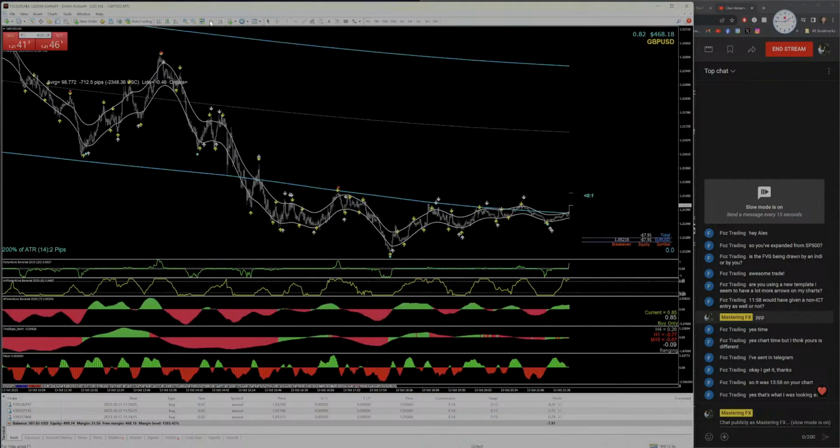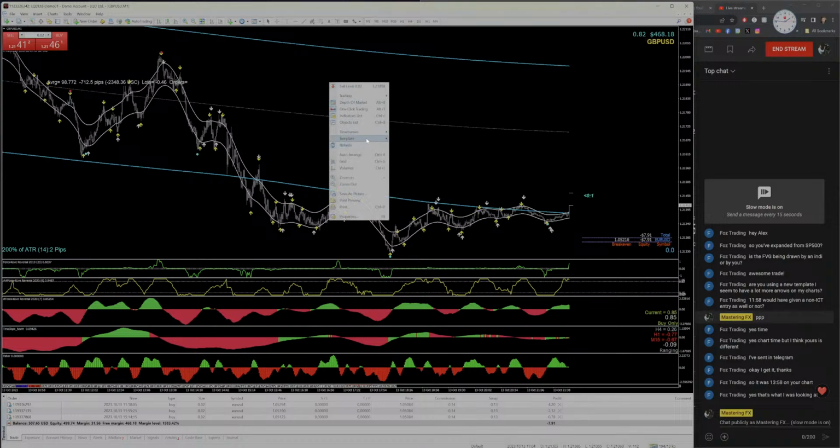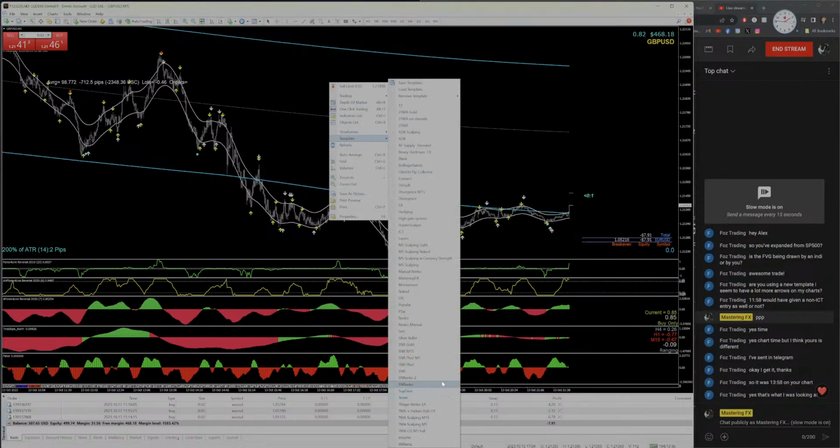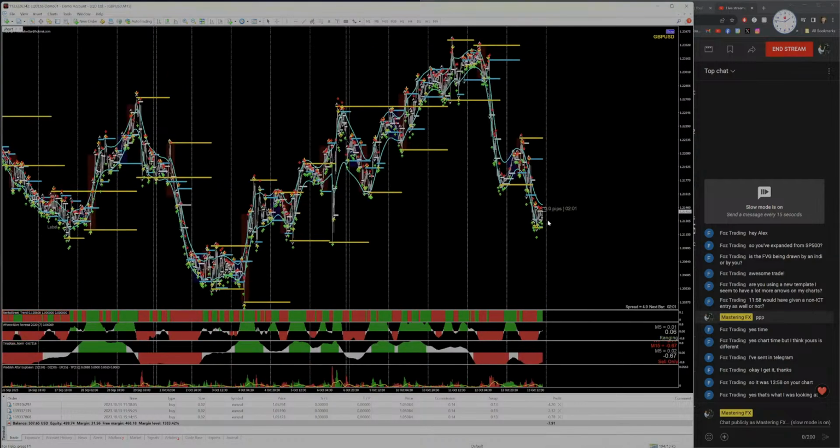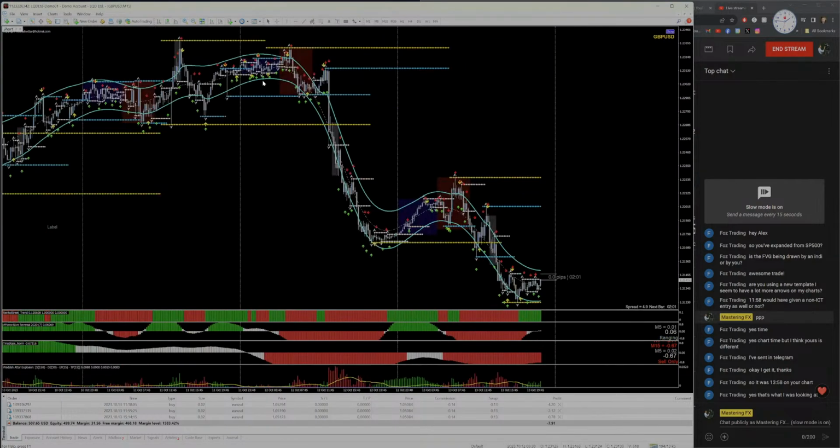Is it this? No, that's not the right one. What did I name that? Let's see, so probably. Yeah, that looks like it's an M15. Let me just adjust it real quick.